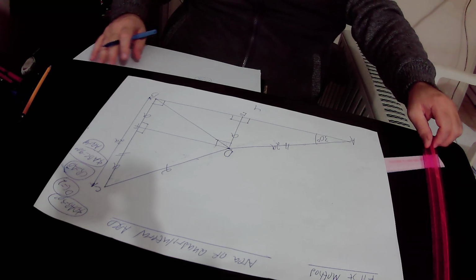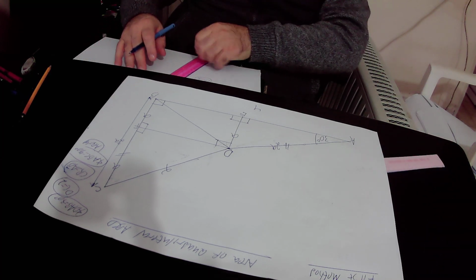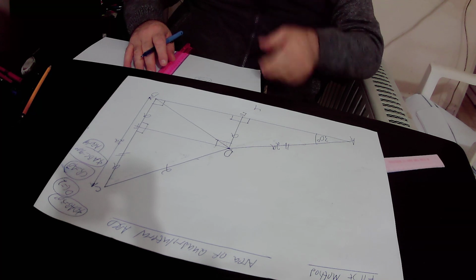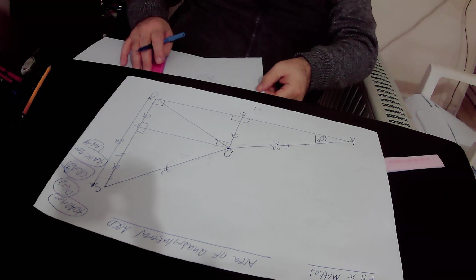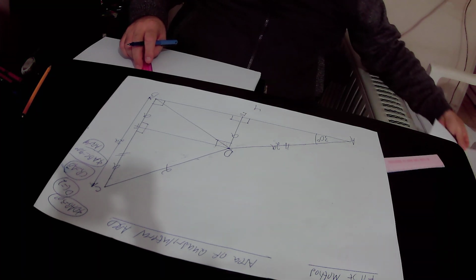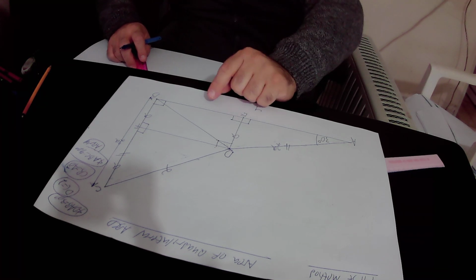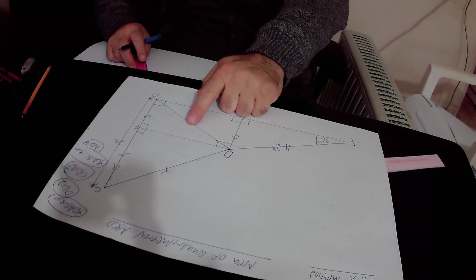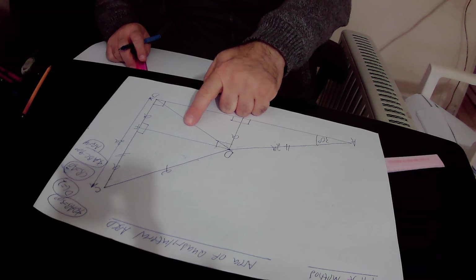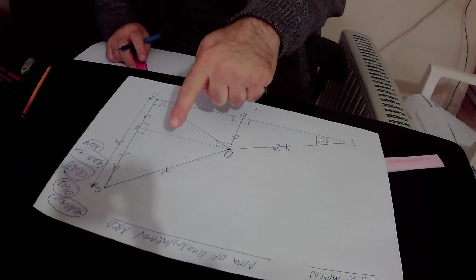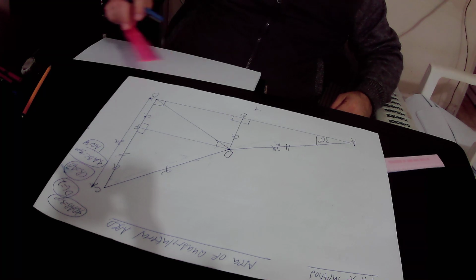In the next step, we will prove that triangle DFB is congruent to triangle DFC.